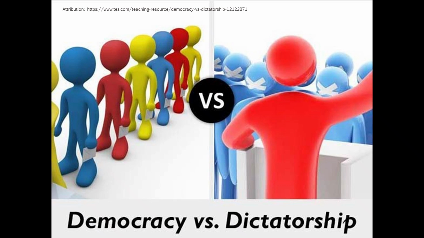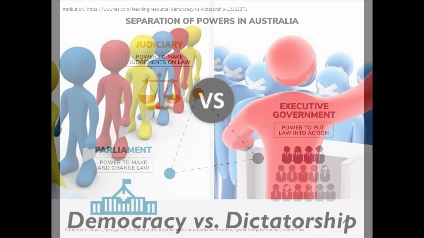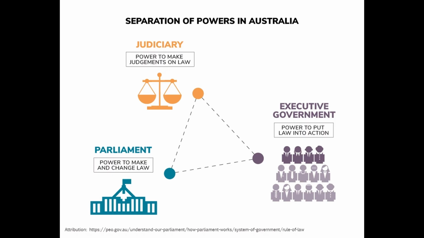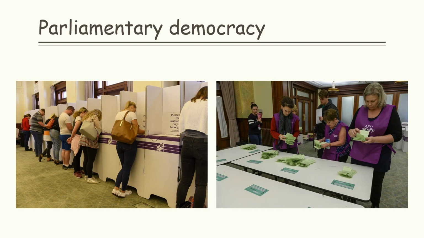Dictatorship concentrates power in the hands of a single person or a small group. With democracy, the power to make and manage laws are shared between 3 different groups. There are checks and balances in place to prevent one group from having all the power.